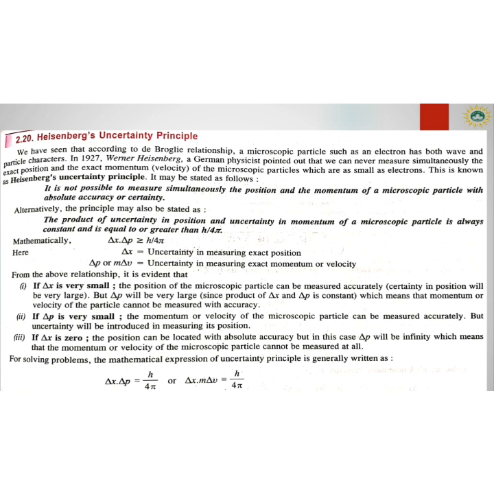So in this case, when delta x is very large, the momentum, that is delta p, will be very small, so we cannot find this value easily.